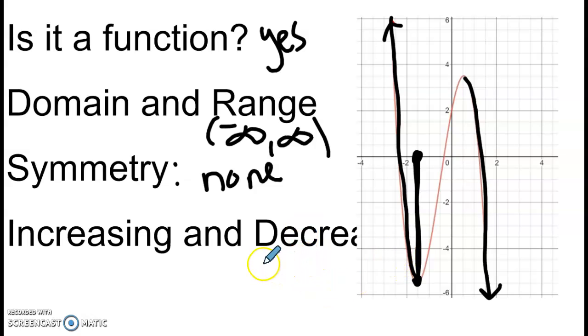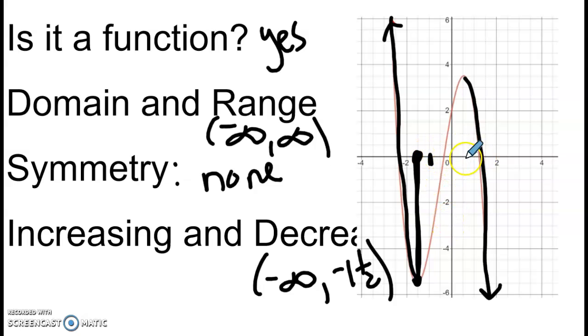So I'm decreasing from -infinity to -1.5, because this is -1 right here. It's going by halves: 1/2, 1, 1.5, 2, 2.5, 3, 3.5, 4. So as soon as my x goes from -infinity to -1.5, I am decreasing.